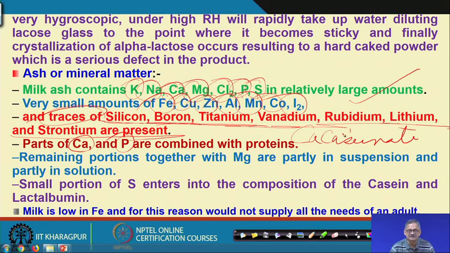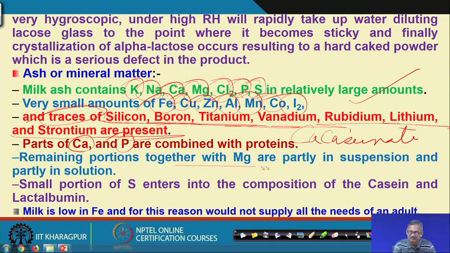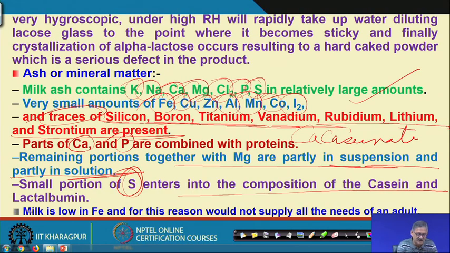Remaining calcium and phosphorus together with magnesium are partly in suspension and partly in solution. A small portion of sulfur enters into the composition of the casein and lactalbumin.